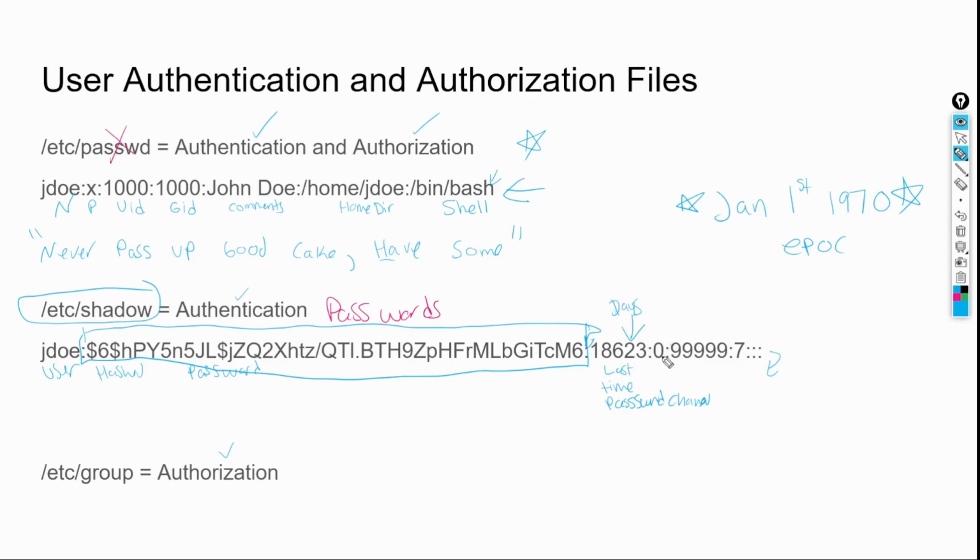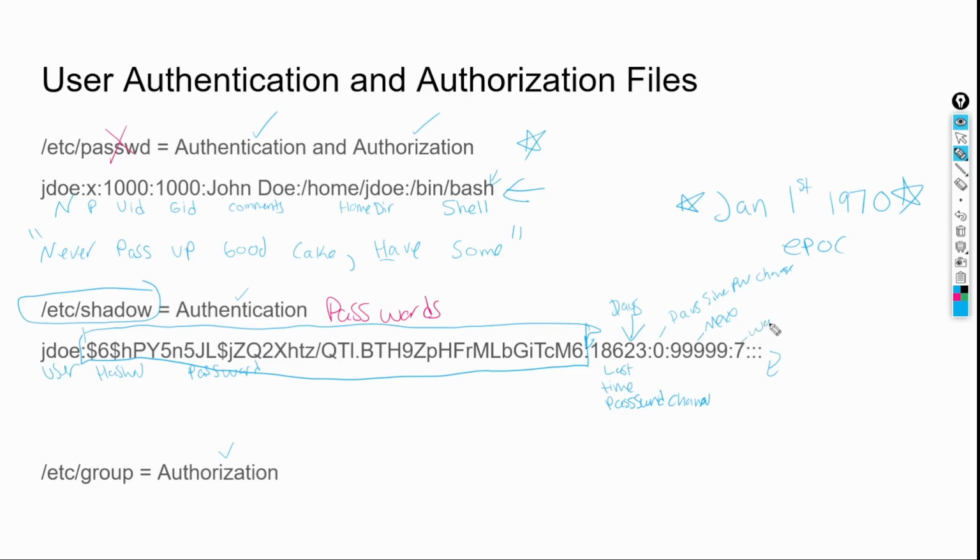This next field, the 0, is actually going to be the minimum number of days between password changes. So this one is 0. After the minimum number of days between your password changes, the next one is going to be the maximum number of days since the password has been changed. The next one, the 7, is the number of warning days before the user is required to change their password.